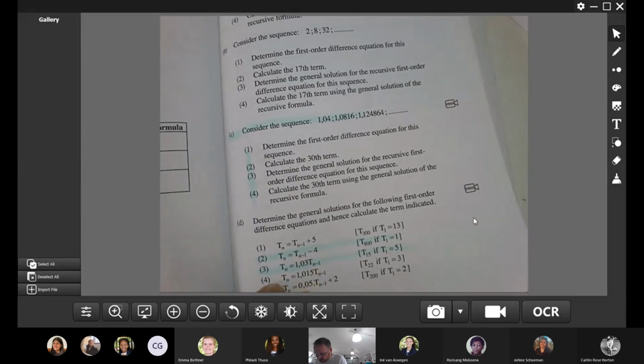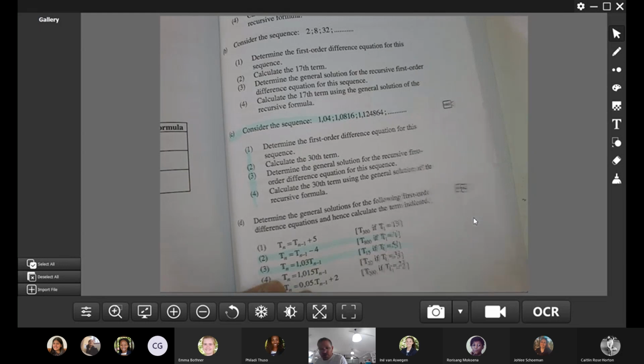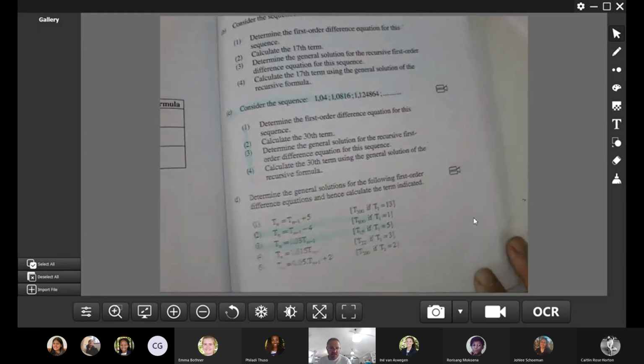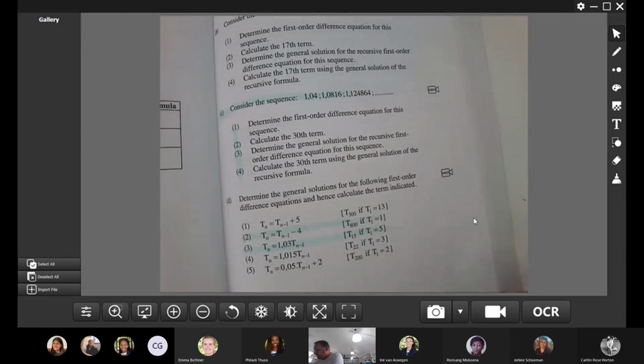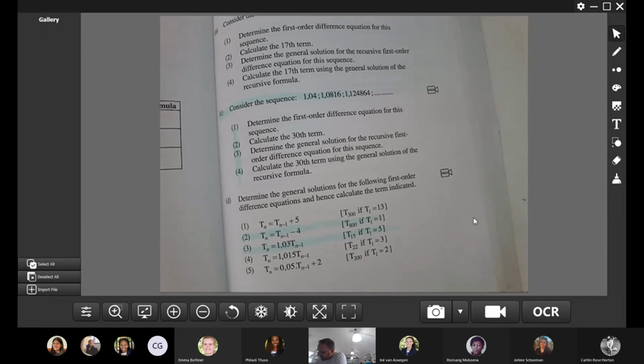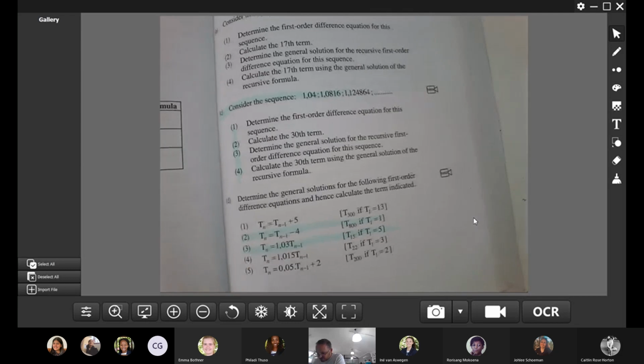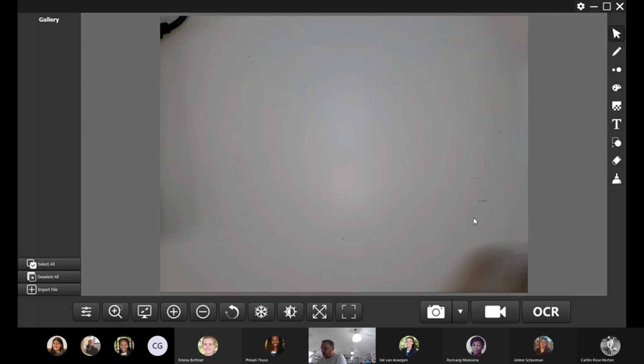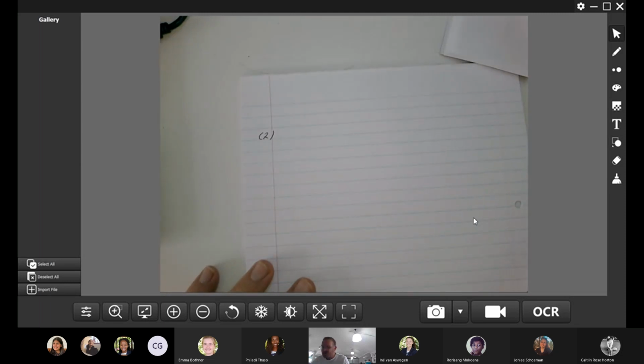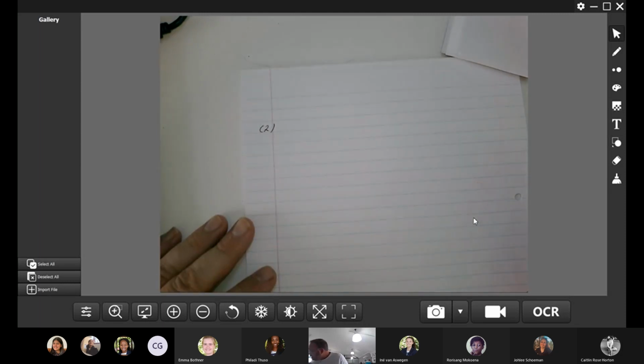Okay, so let's do question D, number 2. Right, Rory-san, you made the fateful mistake of asking a question, and now I'm keeping you on the line. We're going to do D2, which says, determine the general solution for the following first order difference equations and hence calculate the term indicated.